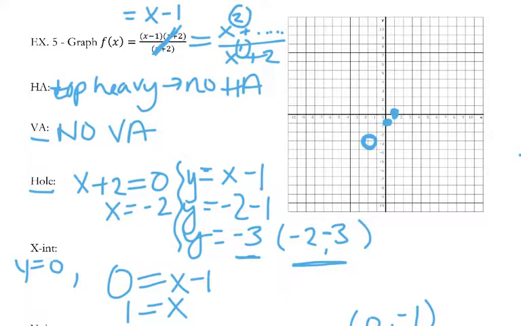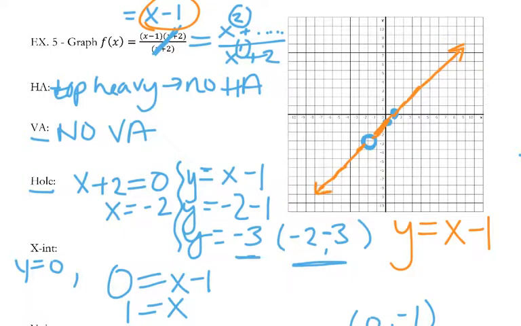Let's go back to thinking about this function. The simplified function was y equals x minus 1. Y equals x minus 1 is a linear function. So it has a slope of 1. It goes through these points and continues on. There's a hole, but then after that, it continues on with a slope of 1.